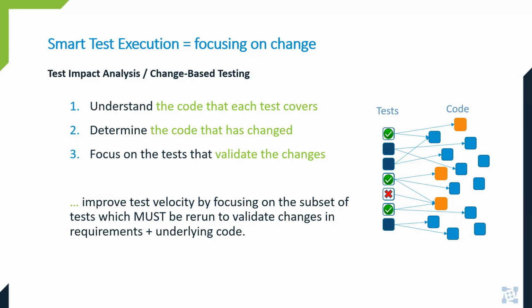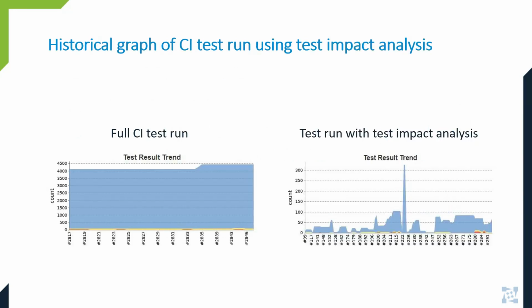So how would this look in a real example? This is an example where the project has more than 4,000 unit tests, over a period of a few weeks. On the left side, you see the full run, which could be part of the nightly build, for example. There you see all 4,000 tests are executed on a daily basis. But on the right side, you see the run where we introduce test impact analysis, meaning that only the impacted unit tests are executed.